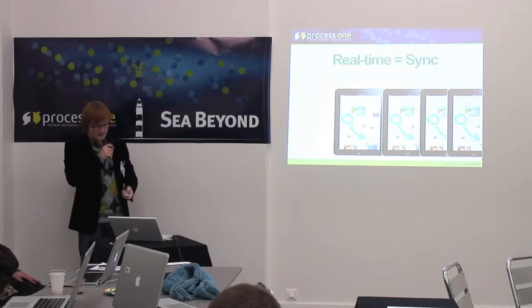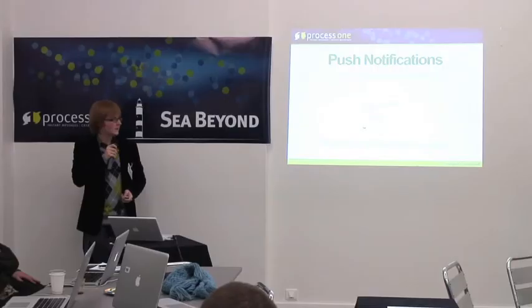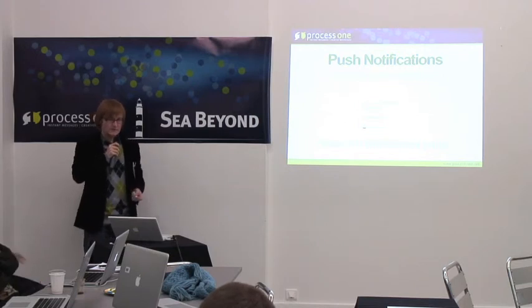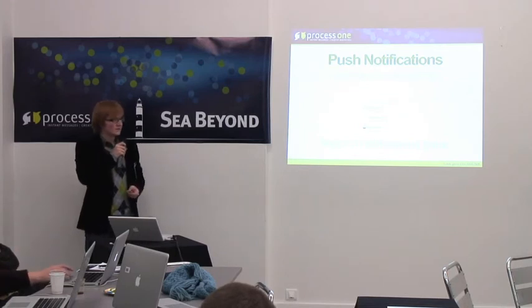The last thing I would like to address is push notifications, which is a great thing on iPhone, except that it will never work with real time. Because imagine somebody is trying to work with you in real time, doing something, and you're getting 100 push notifications within 2 minutes. It's unbearable.